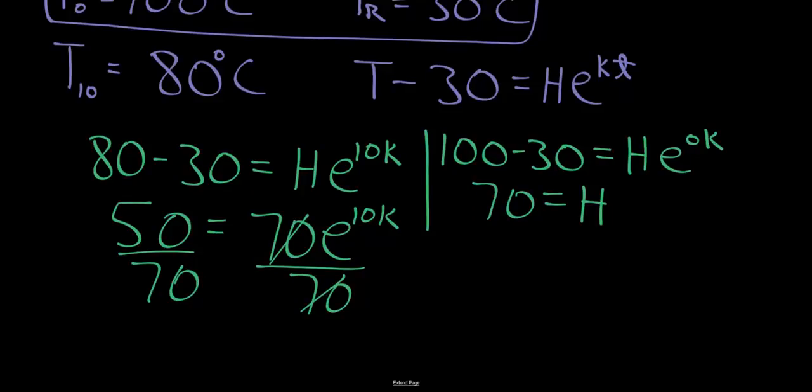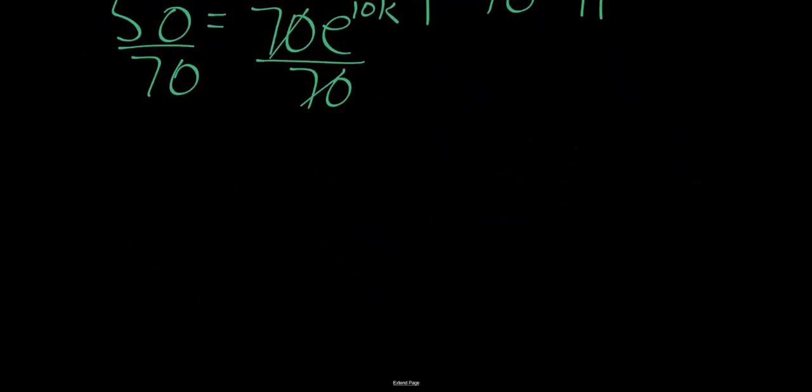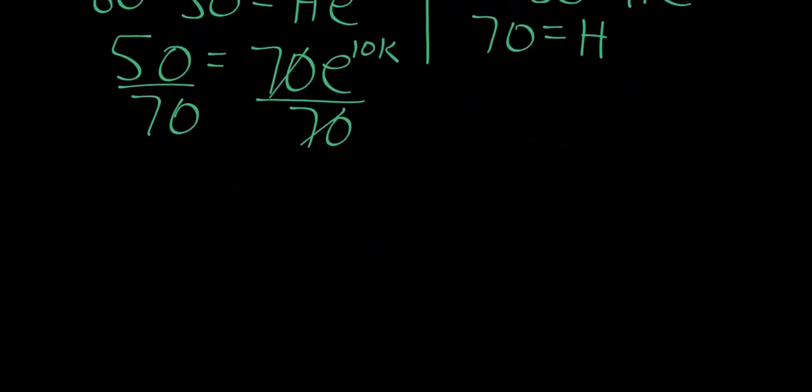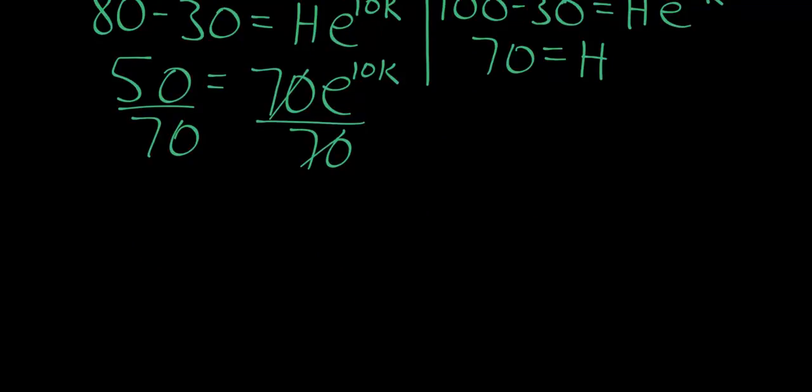Now, you might observe that H is going to be the difference between the initial temperature and the room temperature. If you make that observation, that's good. That might save you some time. So let's see what we've got. We've got 5/7 equals e to the 10K.